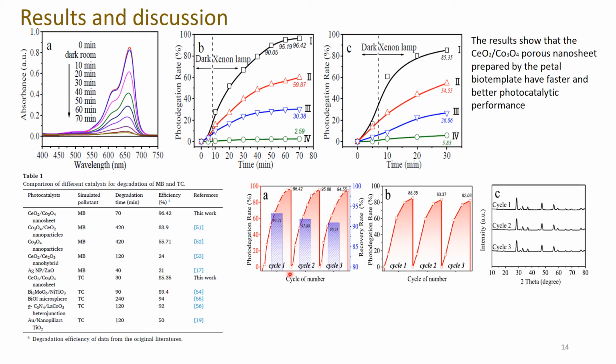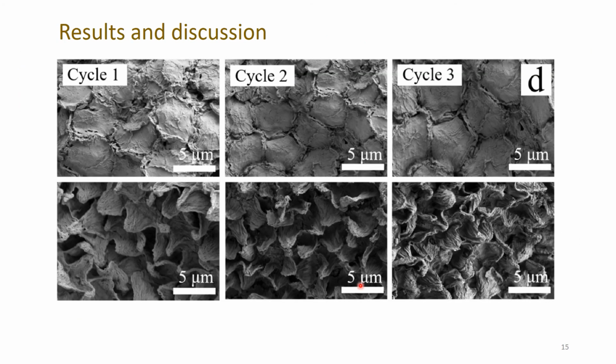And for the cycles, the performance decreases gradually, but not much, maybe 1% or 2%. So for TC, the cycle performance does not decrease very much. This reveals that the structure's performance is not decreased very much, so it can be used for a long time.